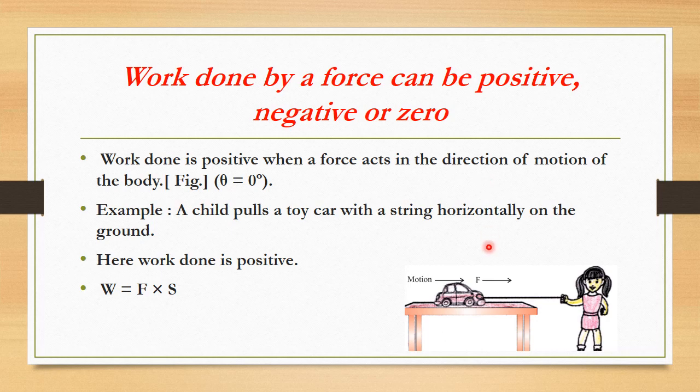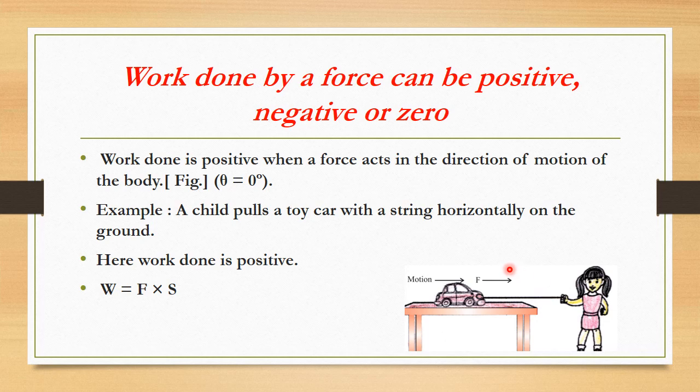Here you can see one girl. She pulls that toy car with a string horizontally on the ground. She is pulling in this direction, and pulling means the force is applied towards here, and the motion is also towards here.